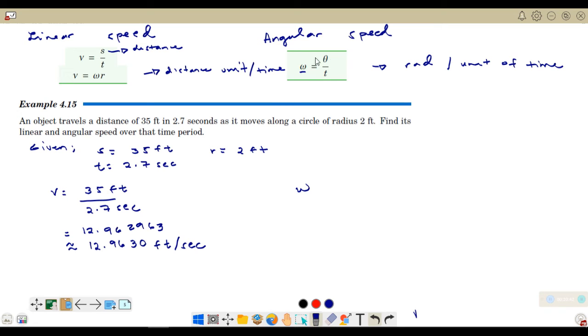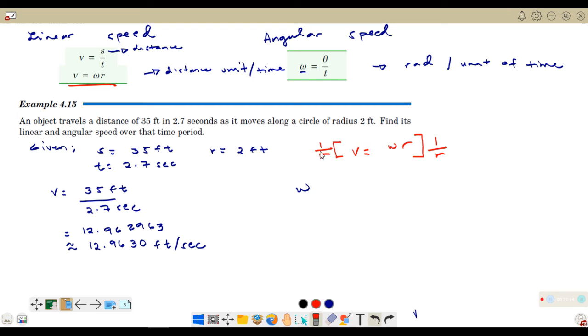Okay. Now, how can we get the value of the angular speed? Wala tayong theta. So, how can we do that? So, by making use of the second formula. Since we have V is equal to omega times R. To get the value of omega, we have to use multiplication property of equality and get rid of R on the right side.